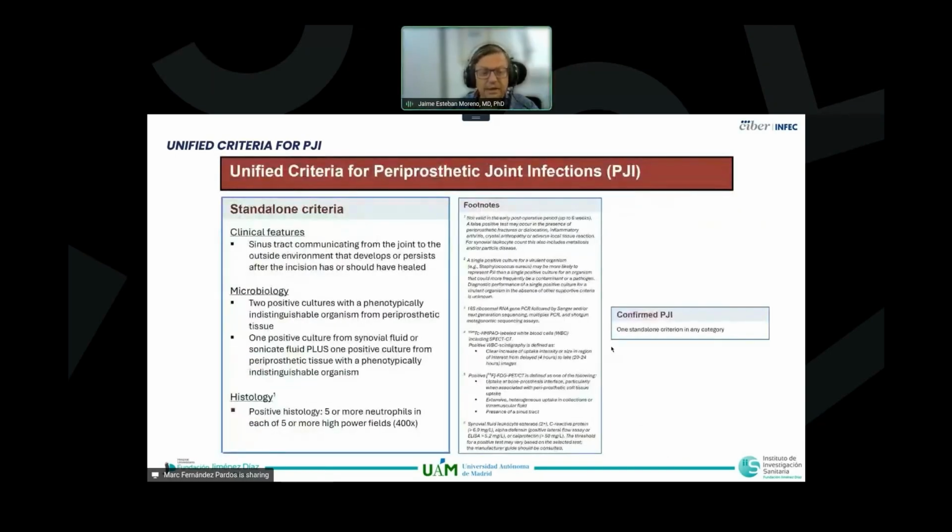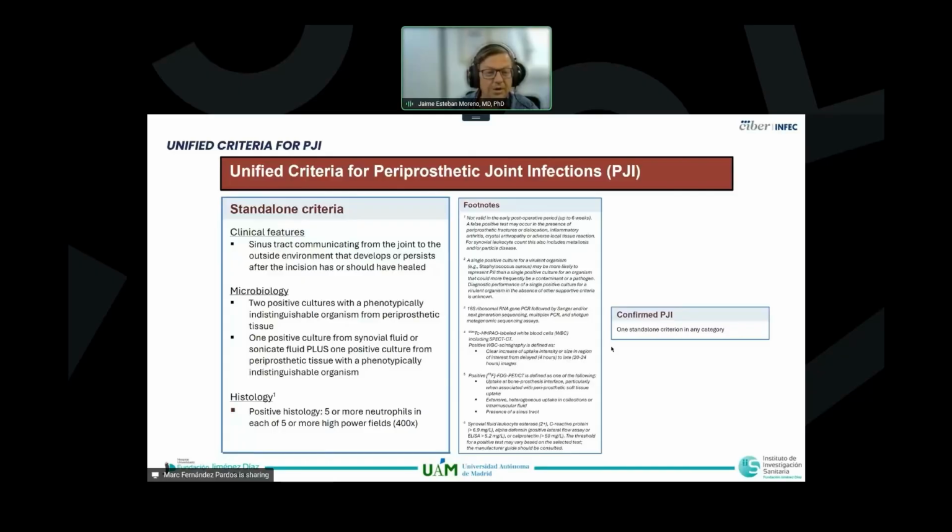And here are the definitions that we have finally decided. The standalone criteria means that one of these criteria is diagnosis of prosthetic joint infection. There are clinical features, such as a sinus tract communicating to the joint.